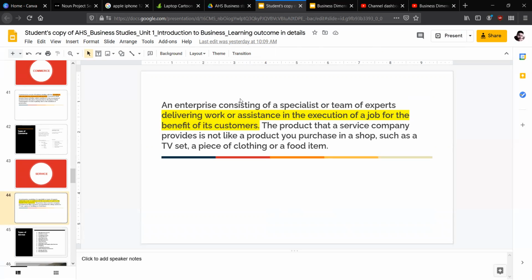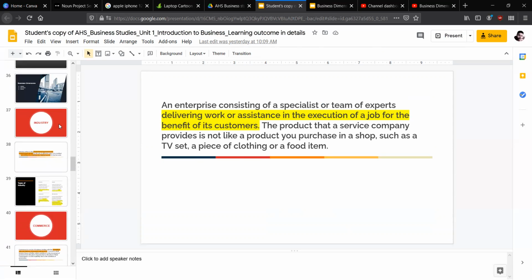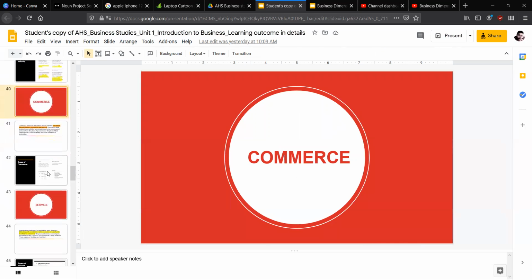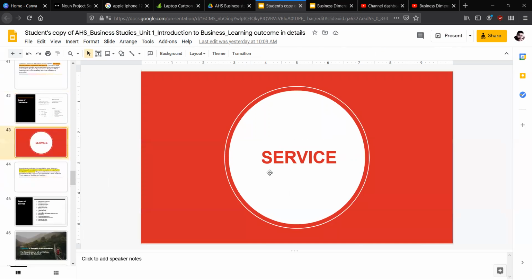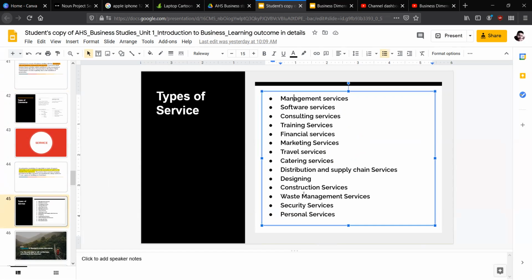Okay, so always search for the information, search for the data based on these three categories: industry, commerce, and service. Now, these are just examples. There are more services.